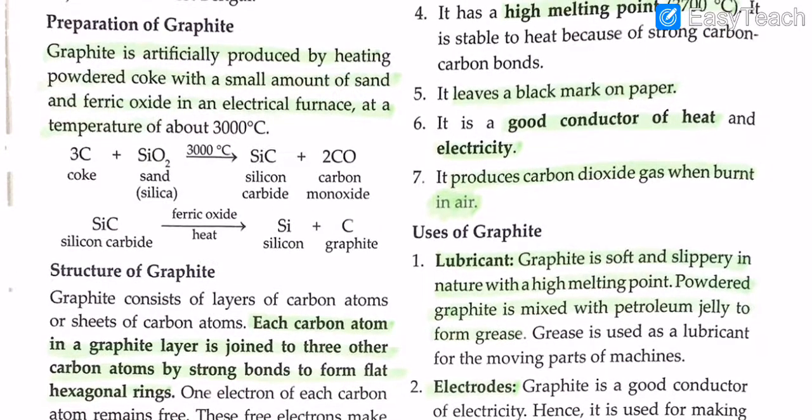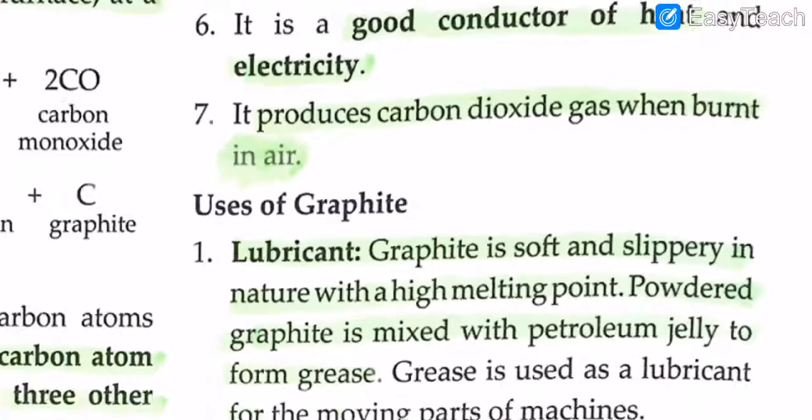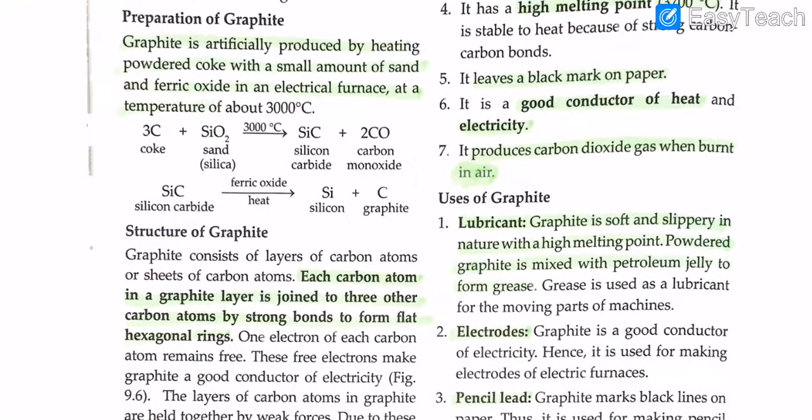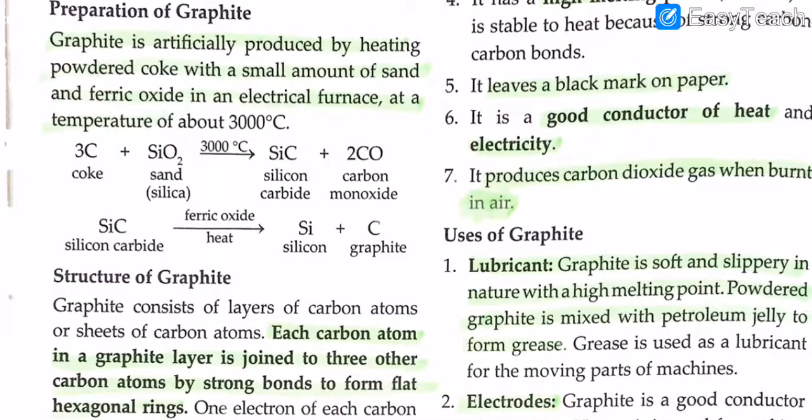Okay. So now talking about the preparation of graphite. How is graphite exactly prepared? I mean, we all should know how graphite is prepared, right? So, graphite is artificially produced by heating powdered coke with a small amount of sand and ferric oxide in an electrical furnace at a temperature of about 3000 degrees Celsius.